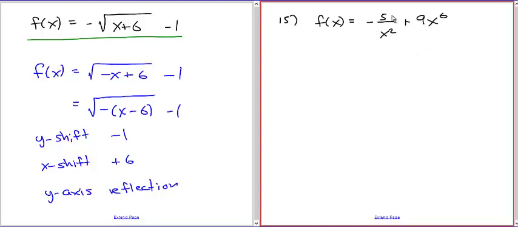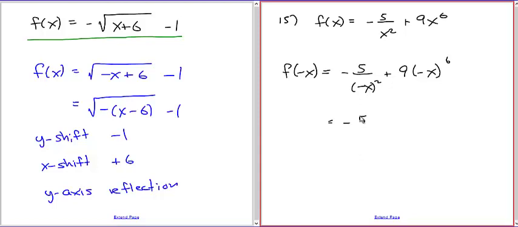But I want you to show this. So this is f of x. What you do is you're going to do f of negative x. So you have negative 5 divided by negative x squared plus 6 times negative x to the 6th power. Now anytime you have an even exponent, the negative becomes a positive.